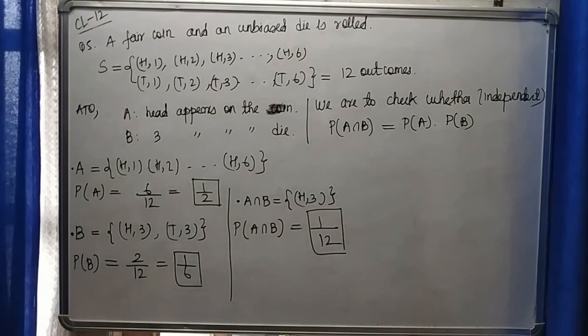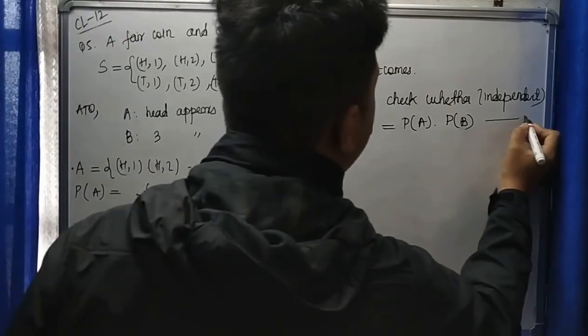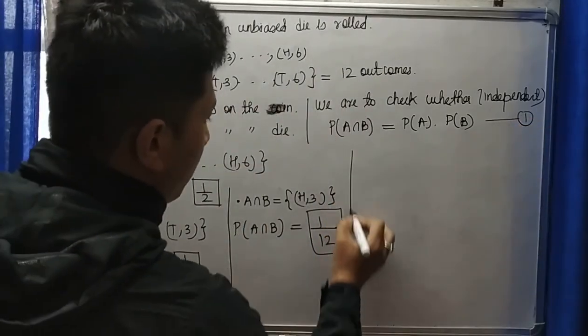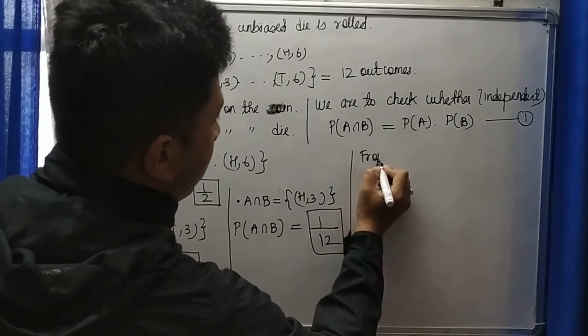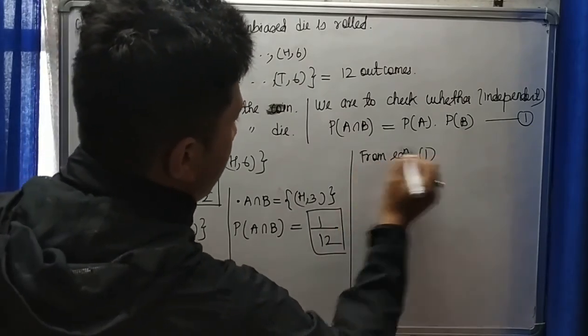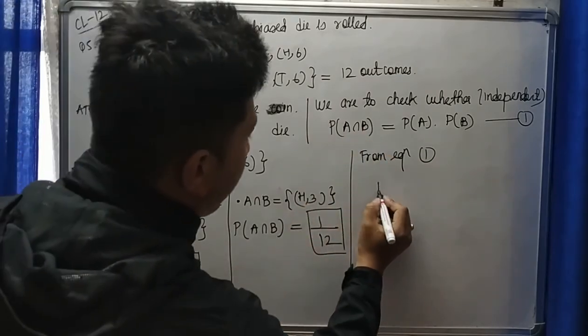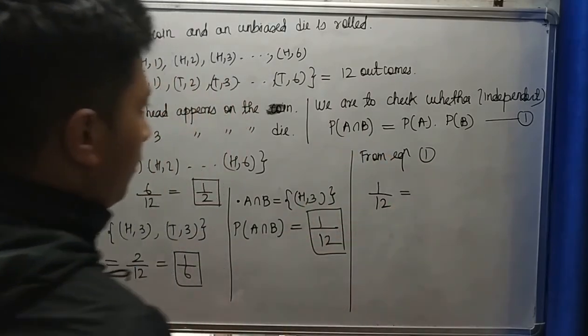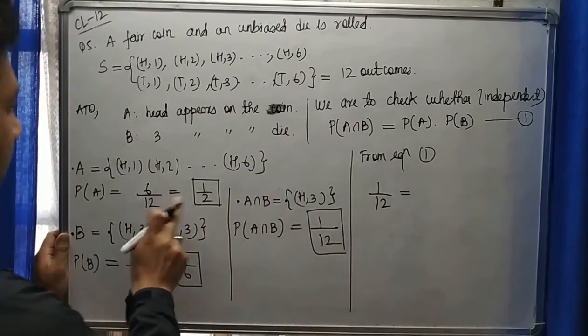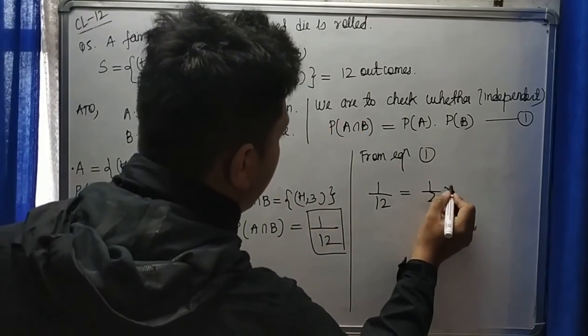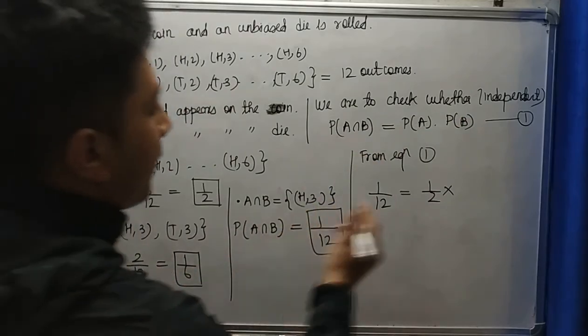Alright, let us now put these values in equation number 1. From equation 1, what is the value for probability of A intersection B? It is 1 by 12, which equals probability of A, which is 1 by 2, times probability of B, which is 1 by 6.